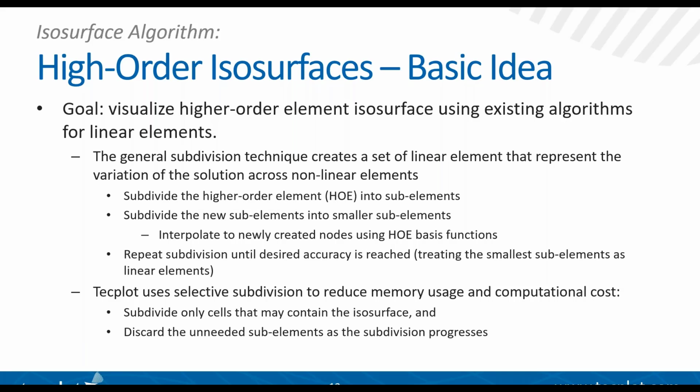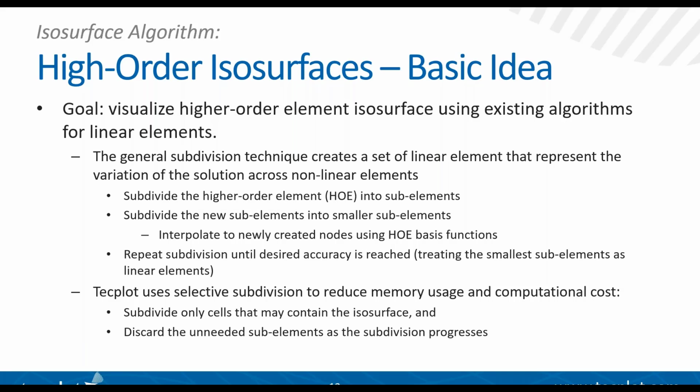So how this works is you subdivide the higher order element into sub-elements. And then you subdivide the new sub-elements into smaller sub-elements, interpolating to the newly created nodes using the original higher order basis function. That's key. And then you repeat the subdivision until the desired accuracy is reached, treating the smallest sub-elements as linear elements in the final visualization step.